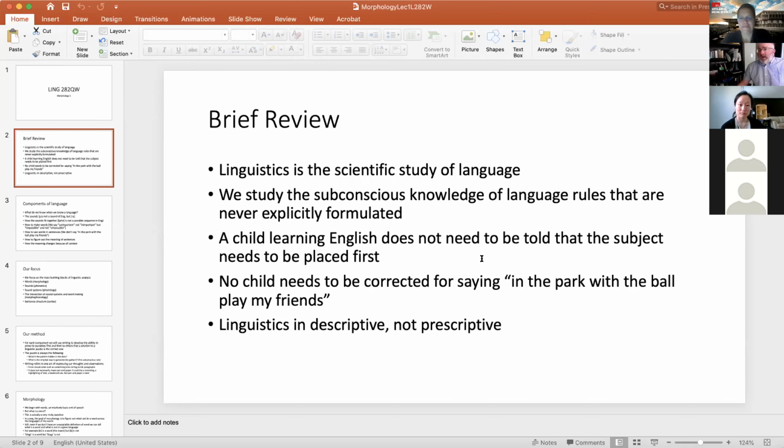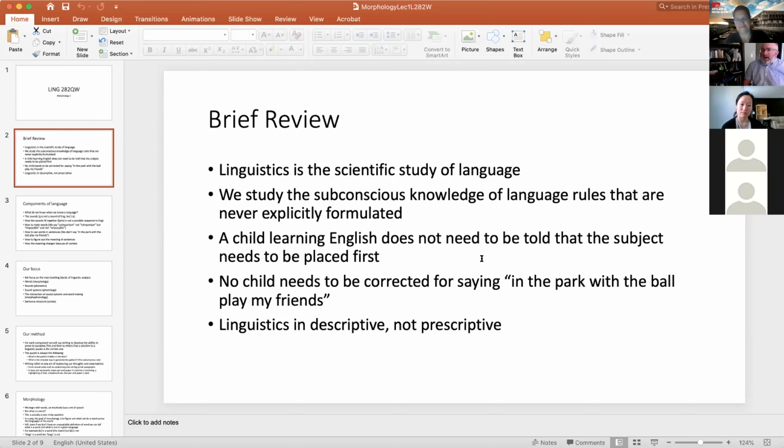Even though parents do correct their children a lot, and I think mistakenly, they don't need to. Mostly I hear it with verb tenses. My daughter likes to say, I was teached, instead of I was taught.